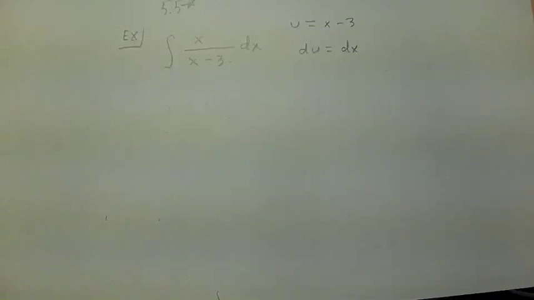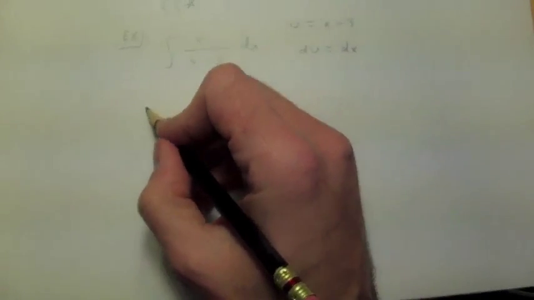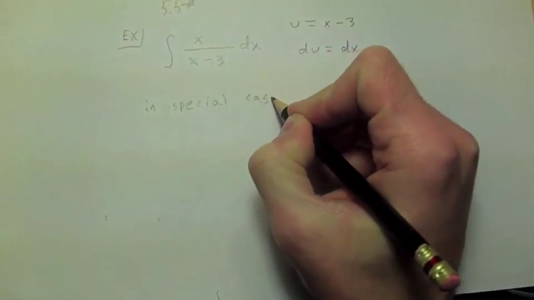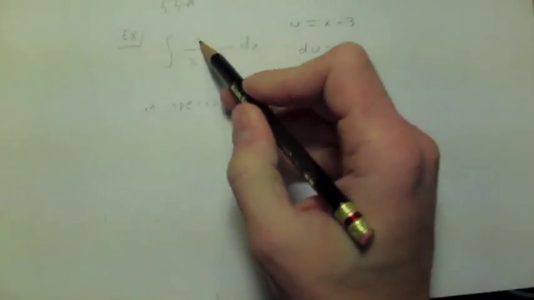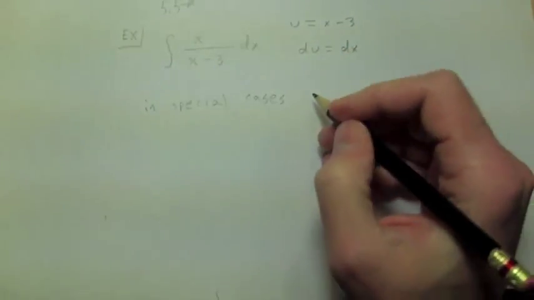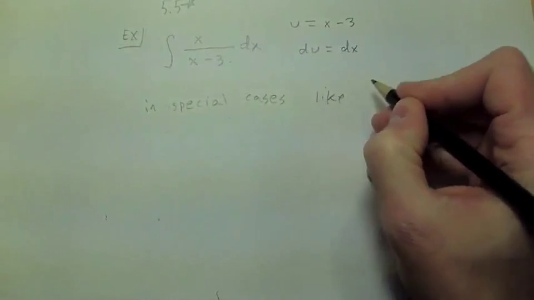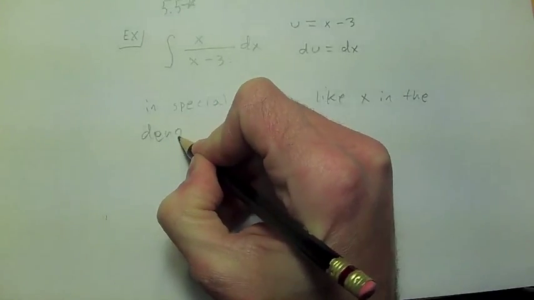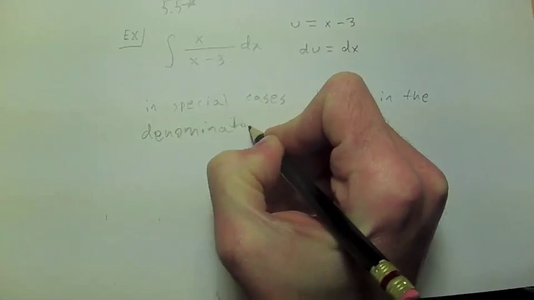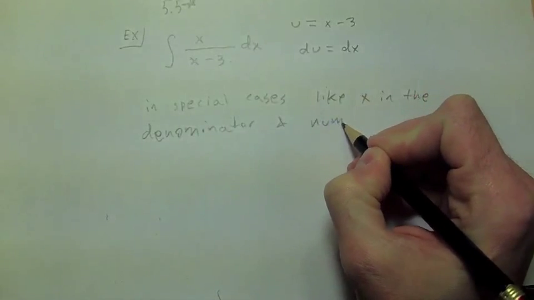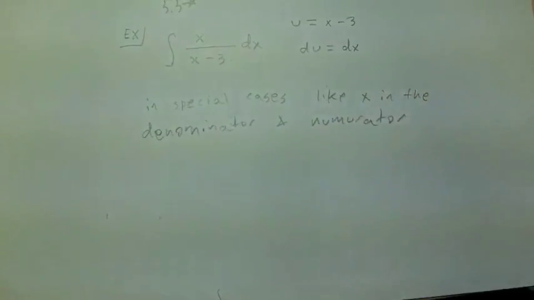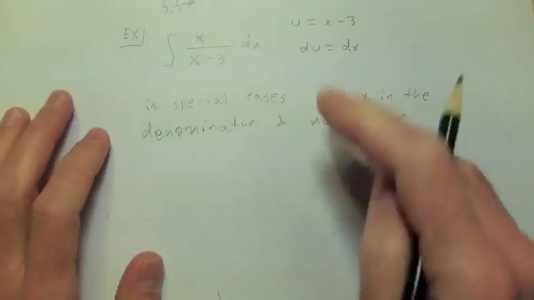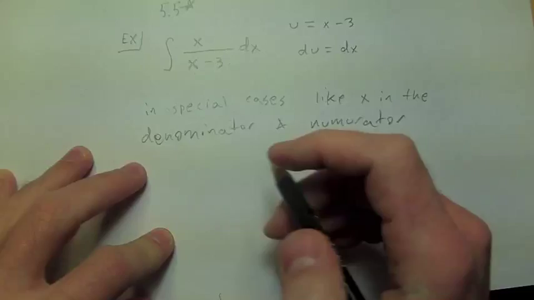So in special cases like this, where you have x in the denominator and numerator, you're basically going to translate u's on the top and the bottom.